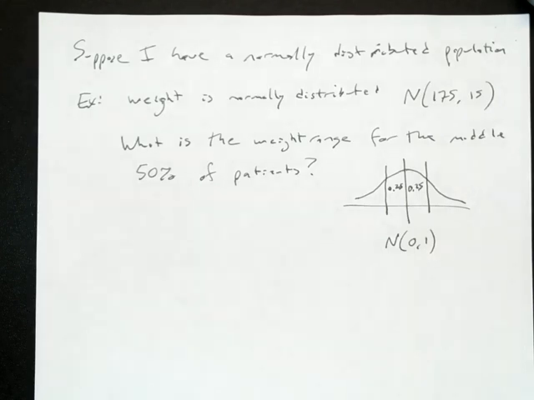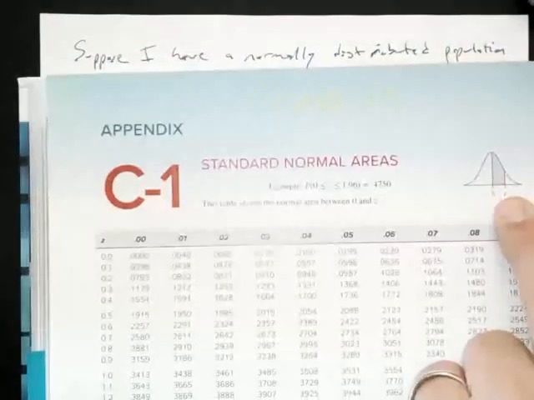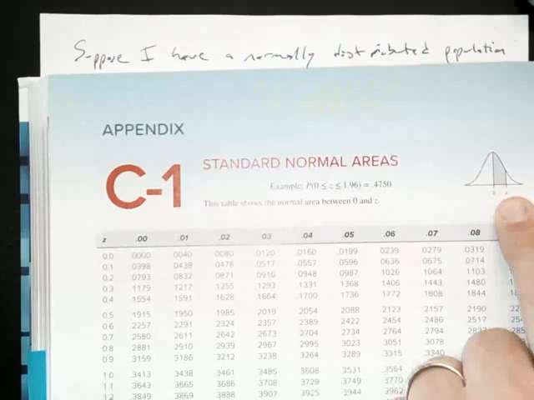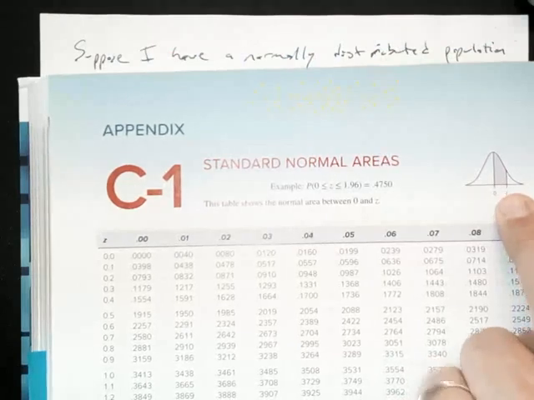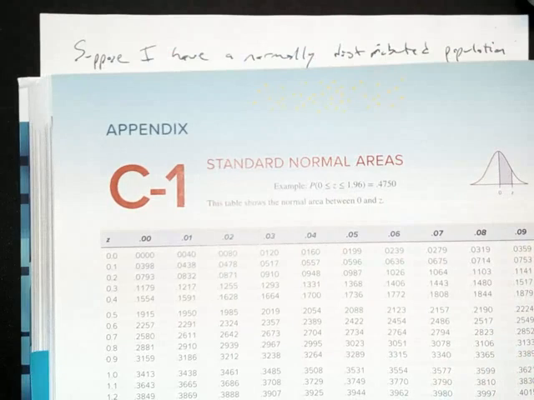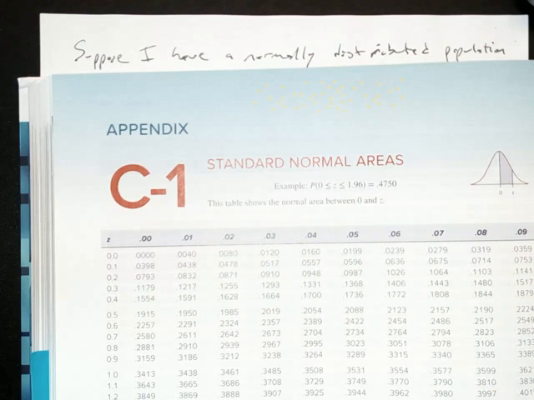Turn to table C1. Because that picture right there at the top goes from the middle to some number, and I can find the shaded area. I want the area number that is closest to 0.25.